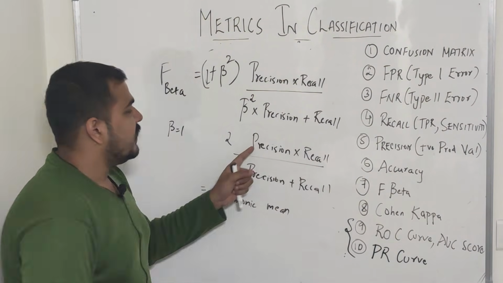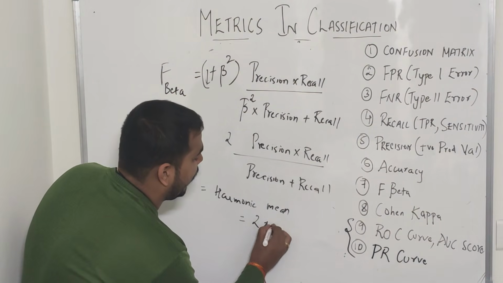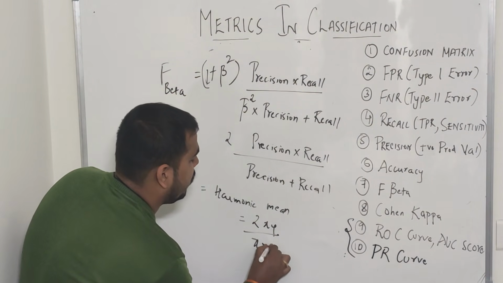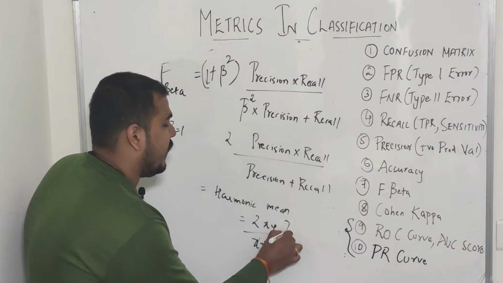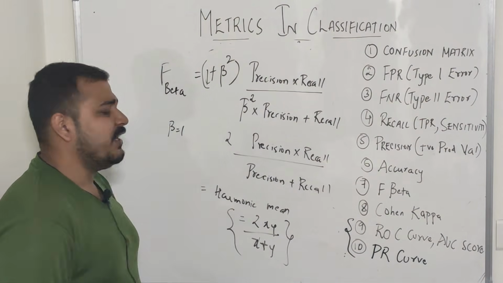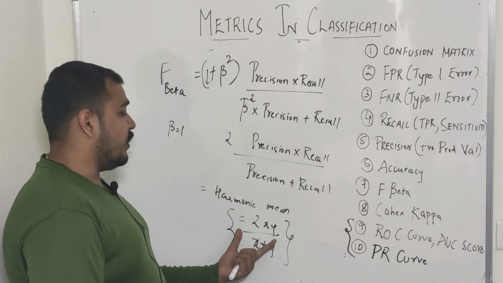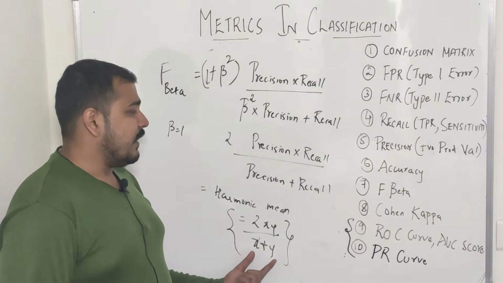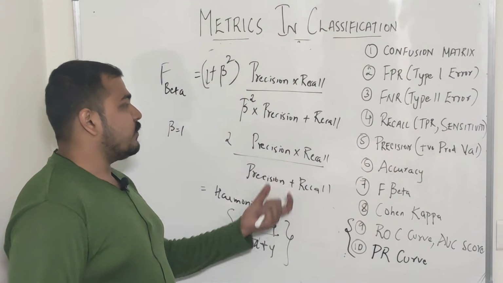If I replace precision and recall by x and y, this will become 2xy divided by x plus y. I hope you are familiar with this formula. We used this in some of the algebra in your school days and college days, if you remember. 2xy divided by x plus y, considering precision as x and recall as y.